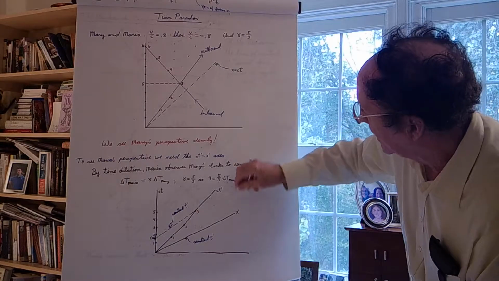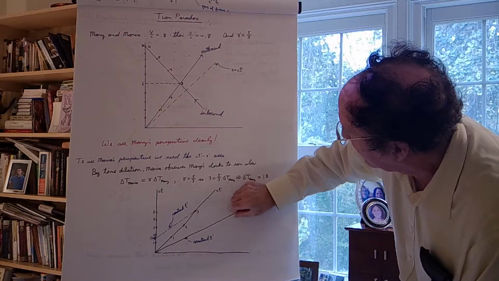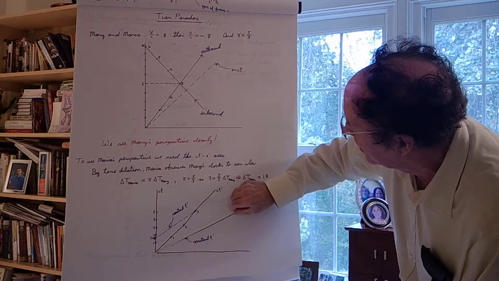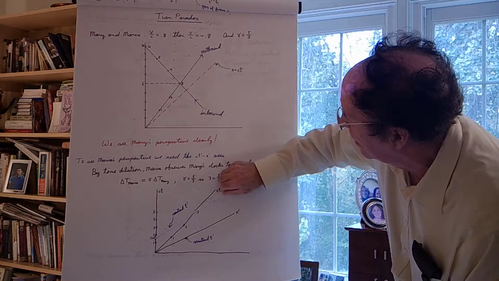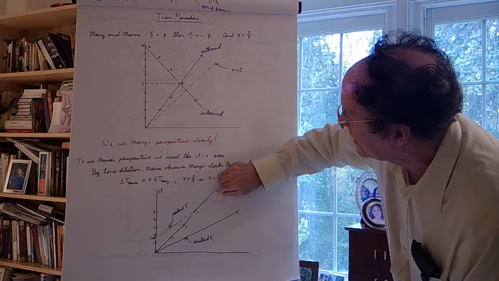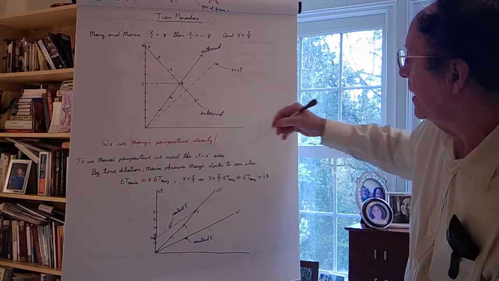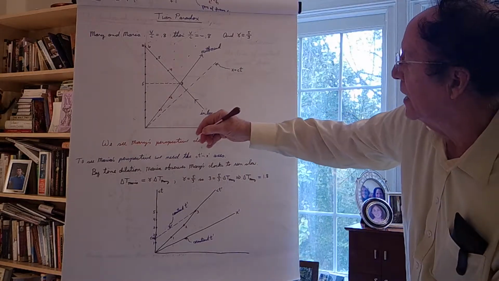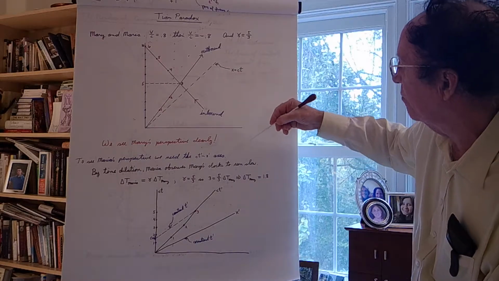And I see that lines of constant T prime are parallel to the X prime axis. So when Maria is 3, she says that Mary is 1.8, and that's just over here. Delta T Maria is equal to gamma delta T Mary. Gamma is 5/3.